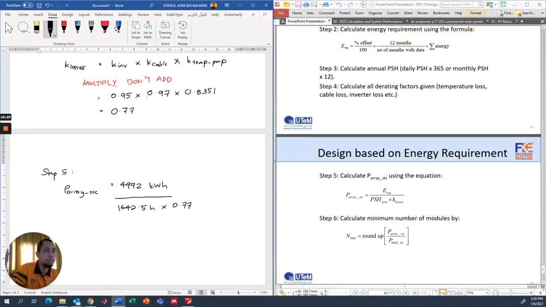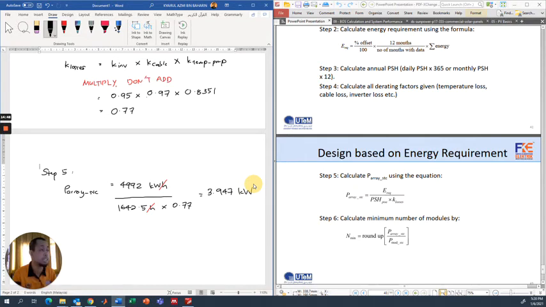Here the hours cancel out, so the losses don't have a unit. So we do the calculation, and I get the array STC needed is 3.947 kilowatt.